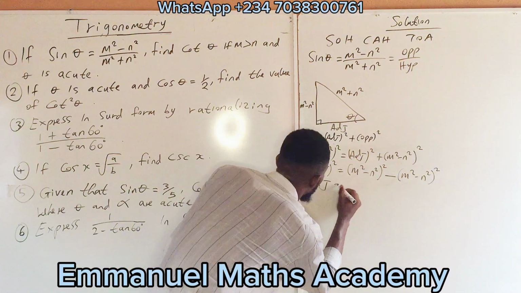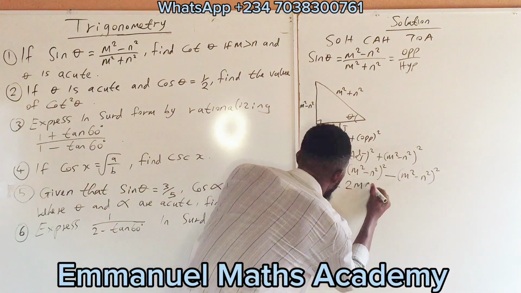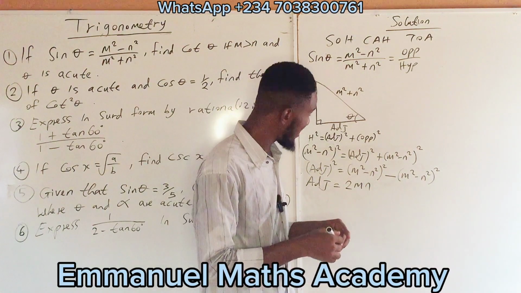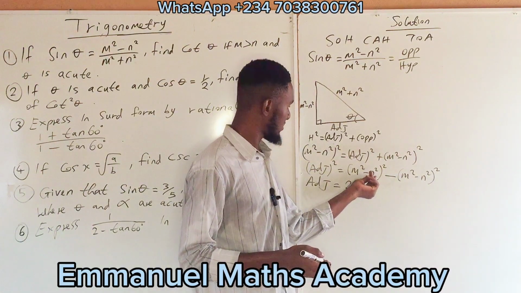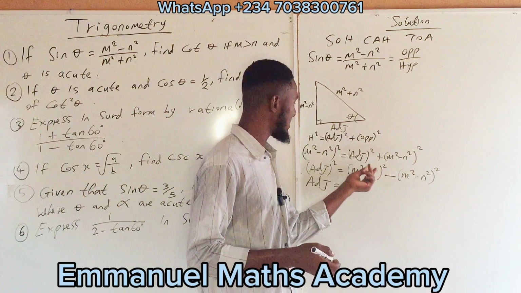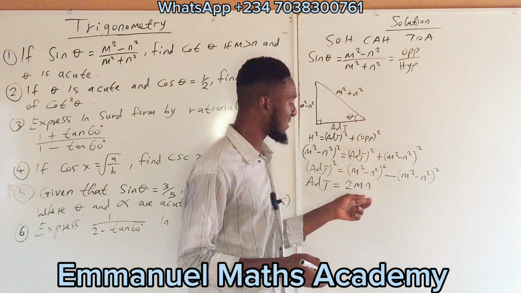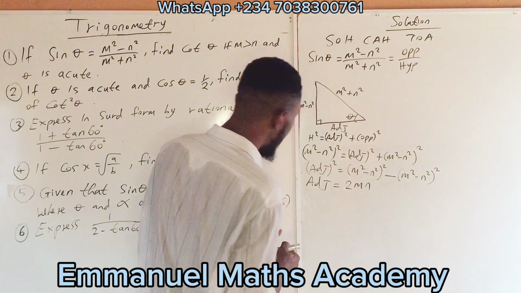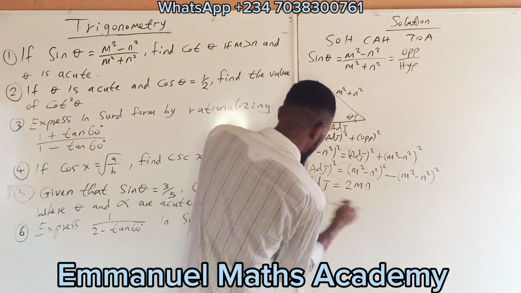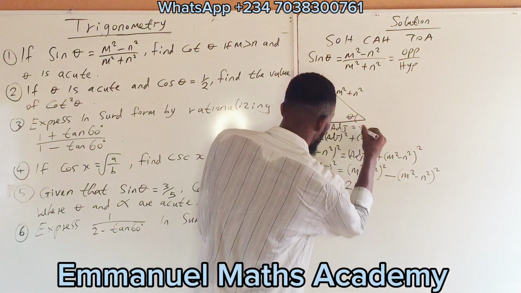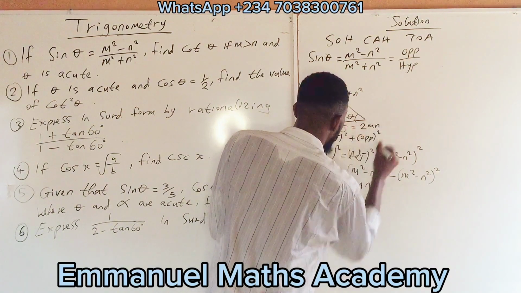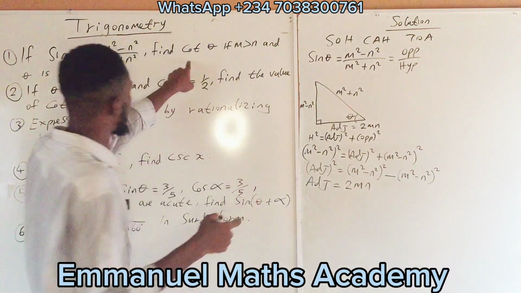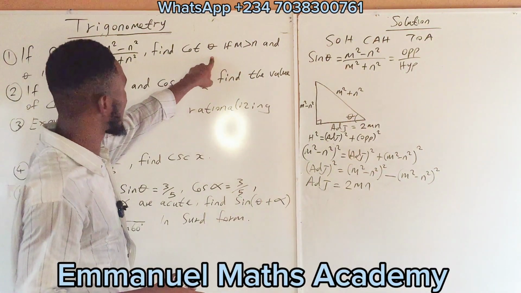We expand this using binomial expansion, just first to first, first to second, second to first, and second to second. Is that clear? Then you expand and cancel out, you get this. Right? Now this is our adjacent. That means our adjacent is equal to 2mn. Is that clear?